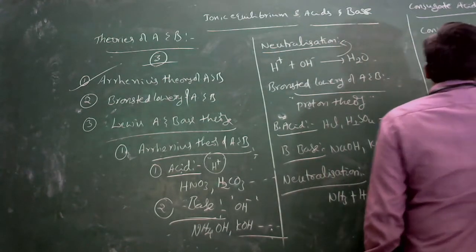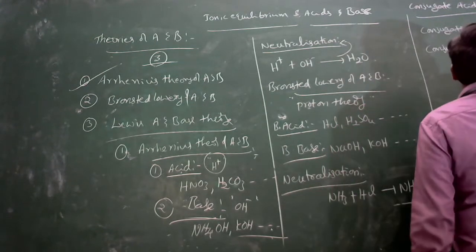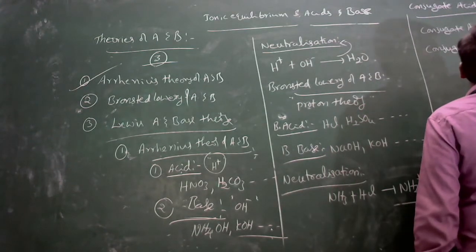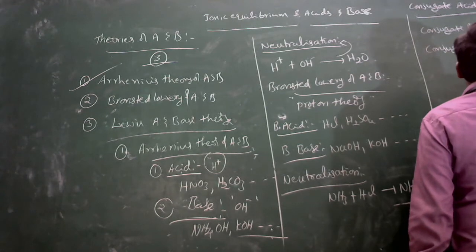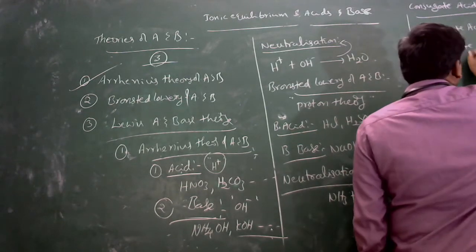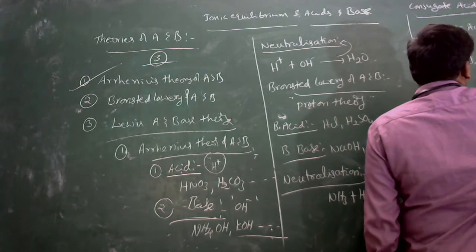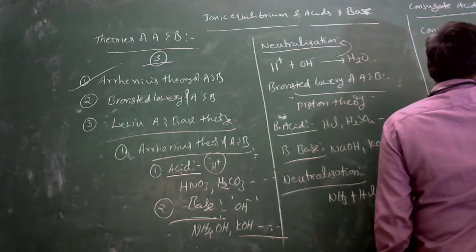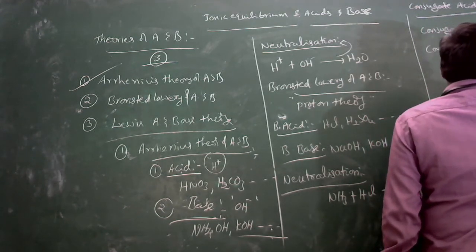Conjugate acid means the given substance plus H+, and conjugate base means the given substance minus H+.